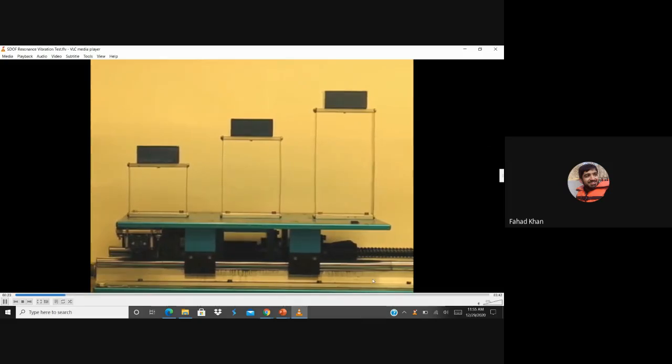Now we will increase the frequency of this shake table and see what is going to be the total response of the structure. Now the frequency has increased, and the total displacement of the most flexible structure has increased as well.